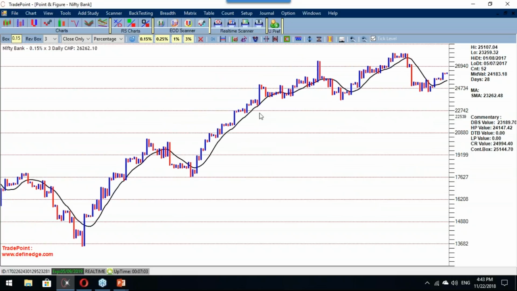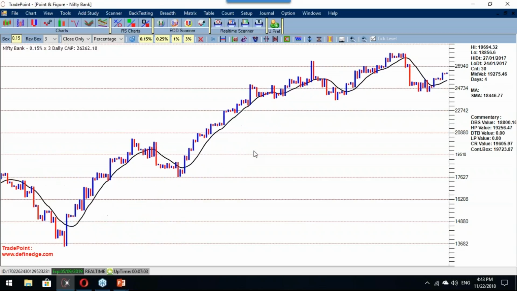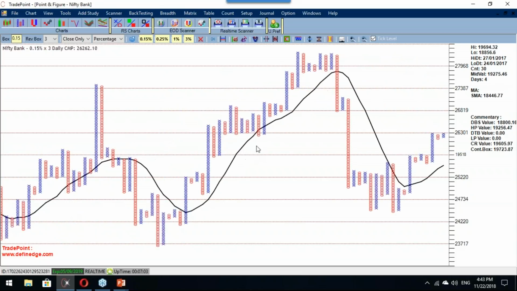And on a broader scale, if you look at it, actually Bank Nifty is showing a lot more strength in relation to the Nifty, and basically Bank Nifty has been doing nothing for the best part of this year. If you notice, we have broadly been stuck in this range, right?